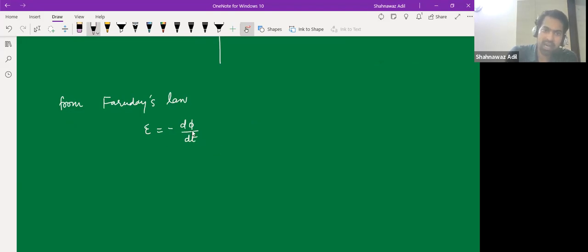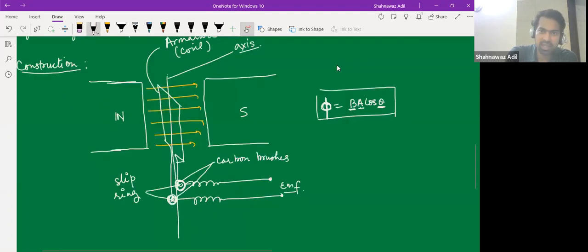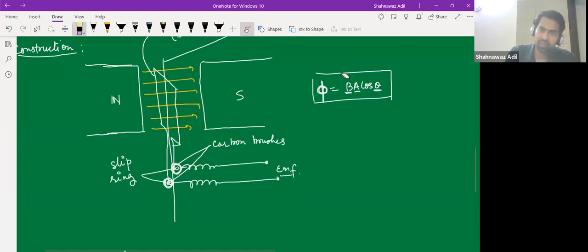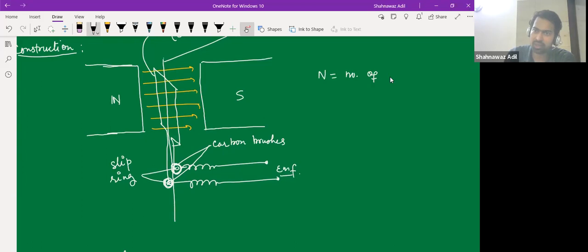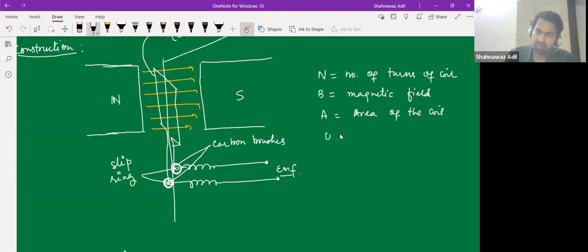And let's say that I have the number of turns of coil, N, and I have the magnetic field B, and then I have this area of the coil A, and then I have this theta, right?